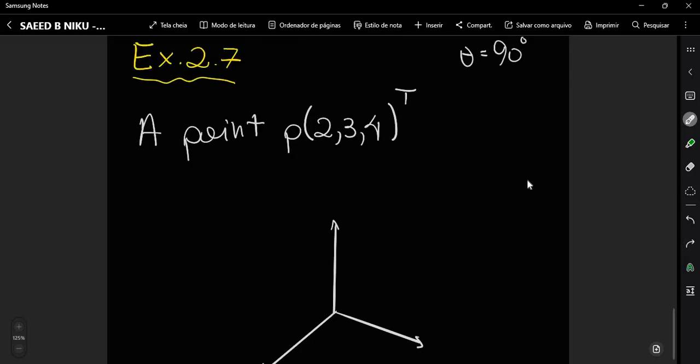And it asks us to find the coordinates of the point in relation to the reference system after the rotation movement.